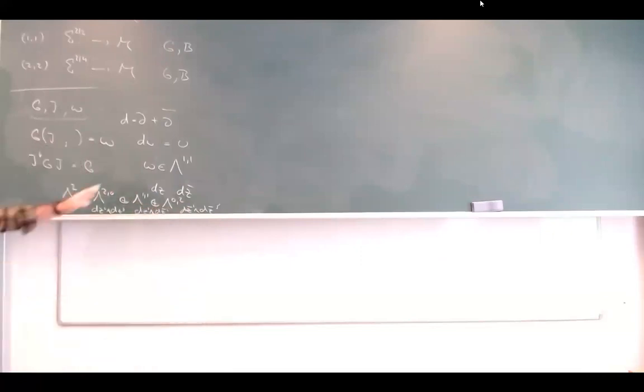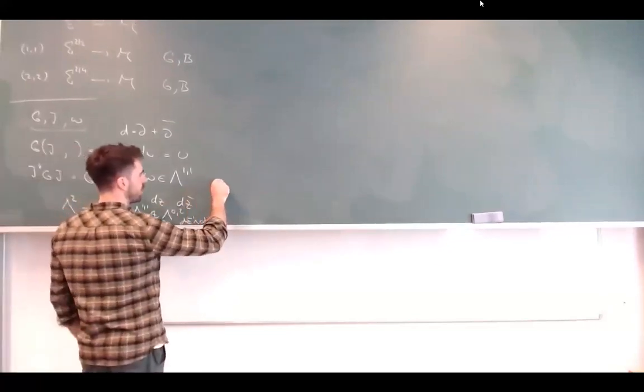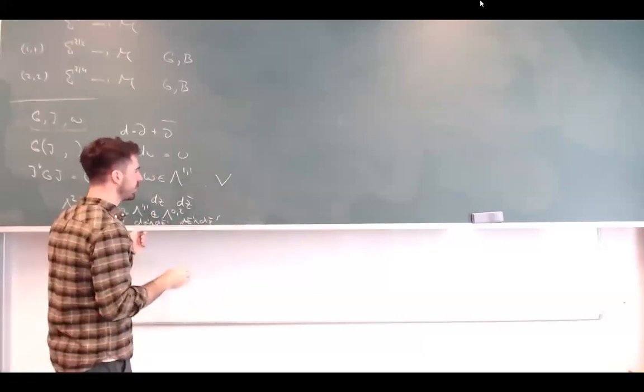So omega is only in this part of the expansion. Right. Okay. And there's a potential coming along with it, which we call the Kähler potential, Kähler potential K.